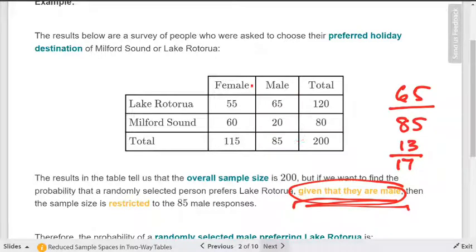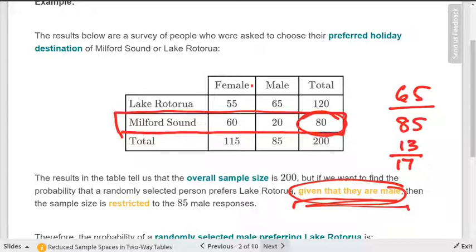Then what am I going to be using? This number here, yeah. And 80 is my total, and then I have the 2 probabilities. So find the one they restrict you to.